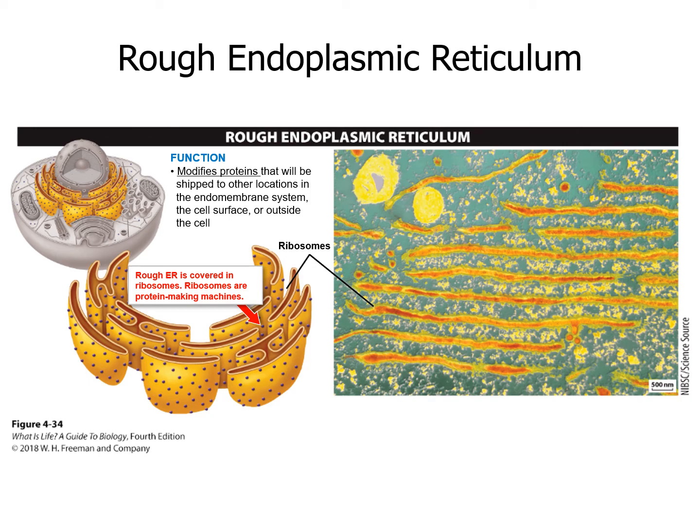And again, when you think of the difference between the rough ER and the smooth ER, the rough ER is going to be covered in ribosomes. And remember, ribosomes have everything to do with protein making and protein packaging and protein transportation and all that good stuff.